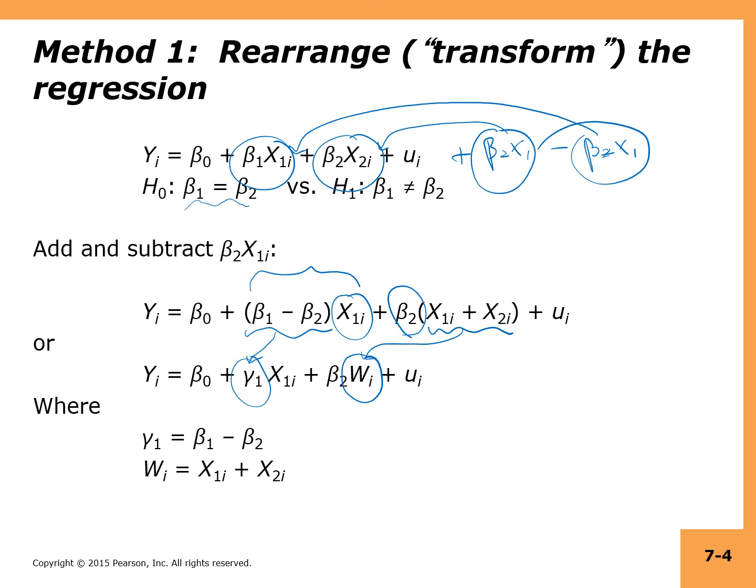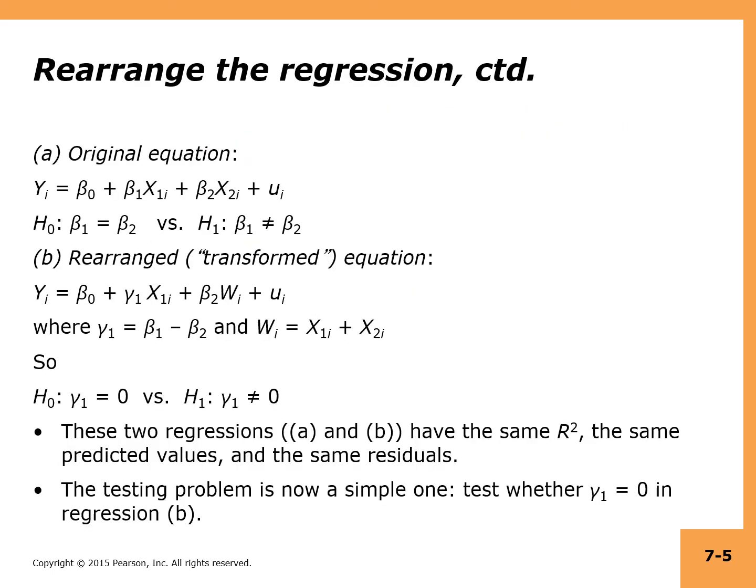So in this case, we want to test if gamma 1 is equal to 0, which is basically the same thing as if beta 1 is equal to beta 2. So we have effectively transformed joint hypothesis testing with multiple coefficients into regular hypothesis testing with a single coefficient.